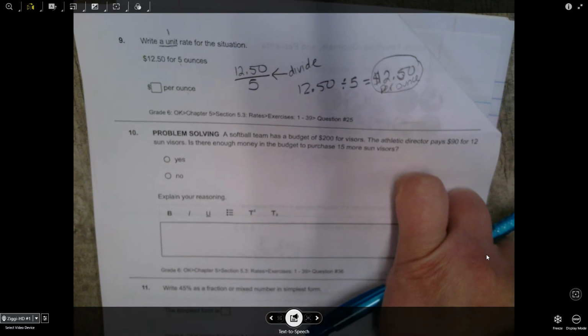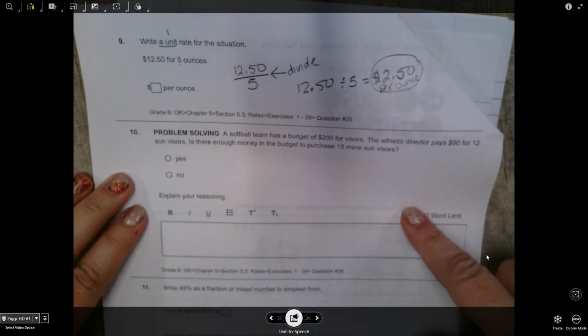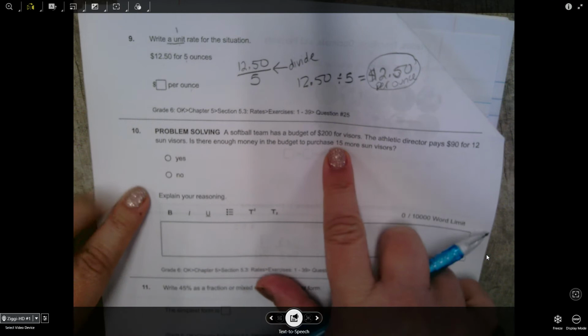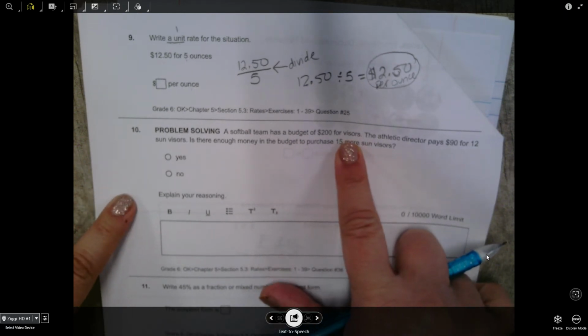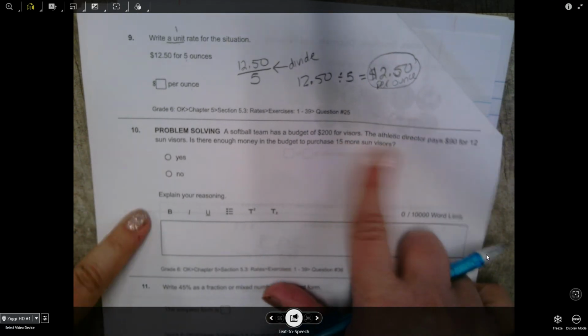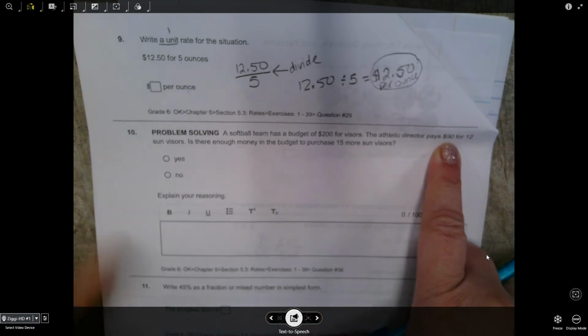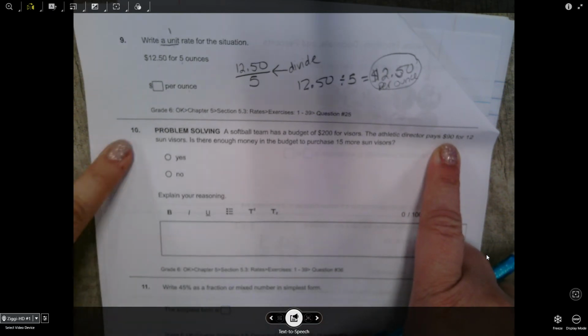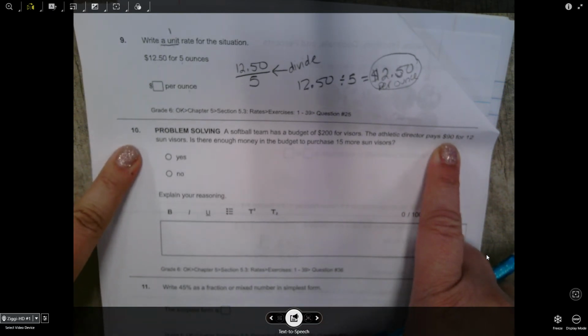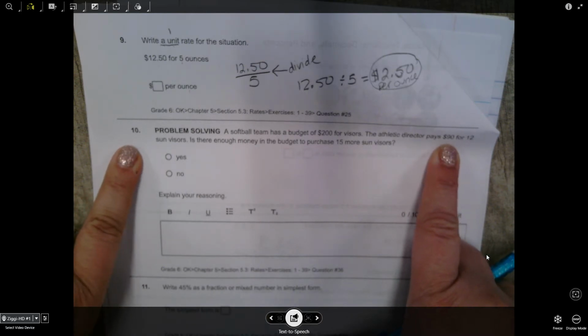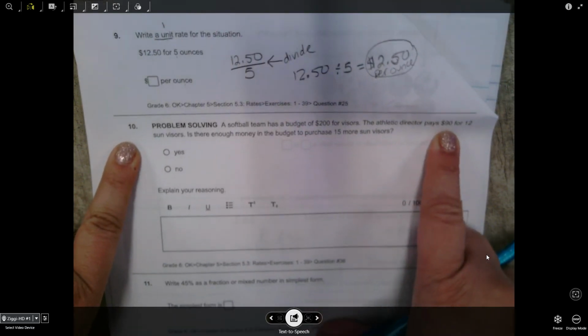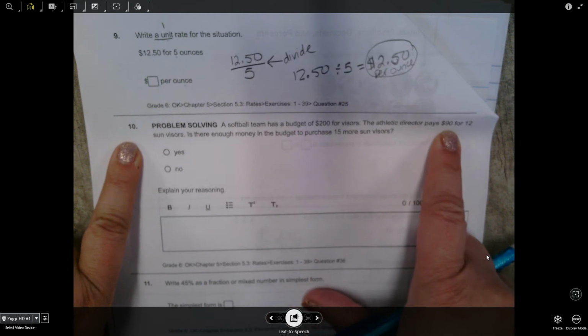All right, let's see. A softball team has a budget for $200 for visors. The athletic director pays $90 for 12 visors. Is there enough money in the budget to purchase 15 more visors? So first we need to figure out the unit rate.